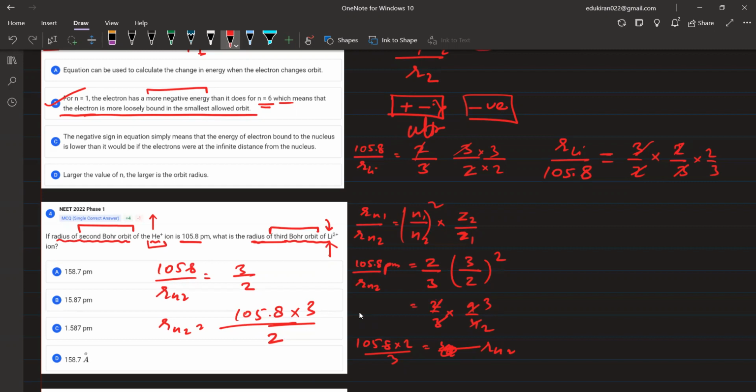It will be 158.7 picometer में होगा. A will be the correct option.